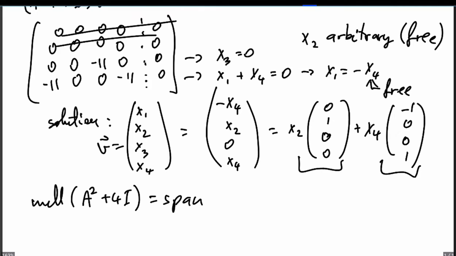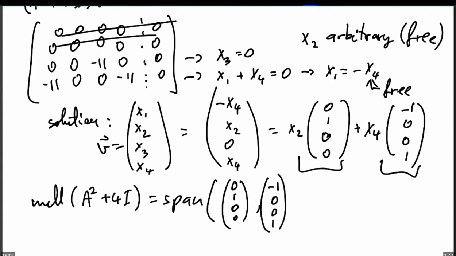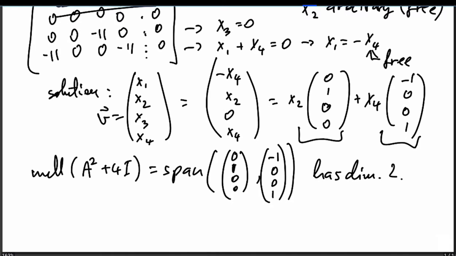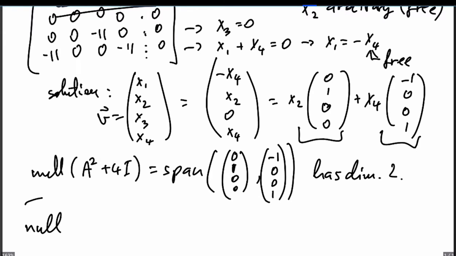It's the span of these two linearly independent vectors. It's easy to see that these are linearly independent since one has a non-zero second entry while the other has 0 second entry. So actually this has dimension 2. Now this doesn't have to be the case, but we can check whether the other factor has a dimension 2 subspace.